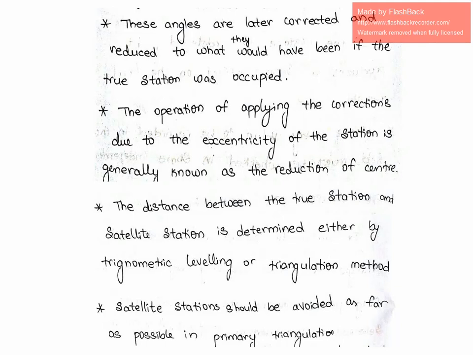There are four: single chain of triangles, double chain of triangles, central point figures, and quadrilaterals. Next, the criteria for selection of the site and triangulation figures, and the routine of triangulation survey: reconnaissance, erection of signals and towers, measurement of baseline, measurement of horizontal angles, astronomical observations and computations, and then selection of triangulation station.